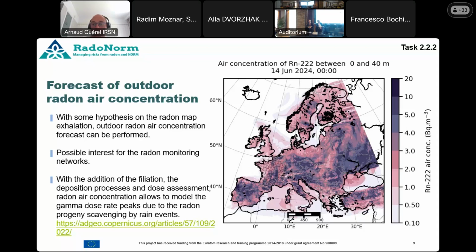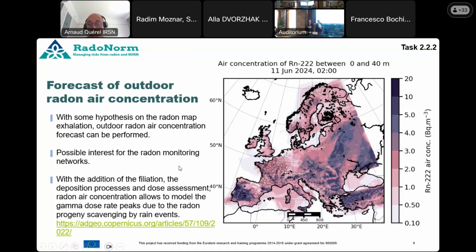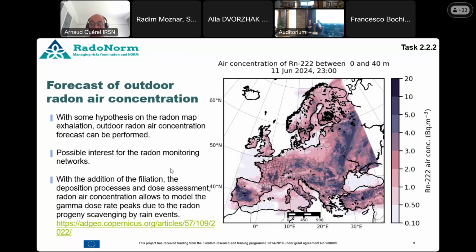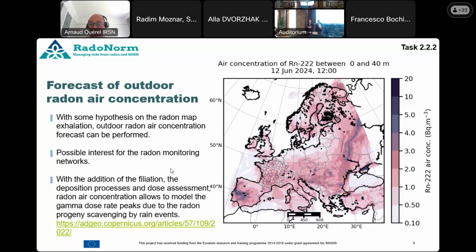And so on the right, it's a map movie of the prediction for the coming days. And you can observe two phenomena. During the night, the radon is concentrating at the ground level, because during the night there is much less efficient vertical mixing in the atmosphere.